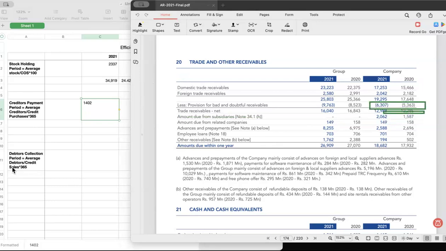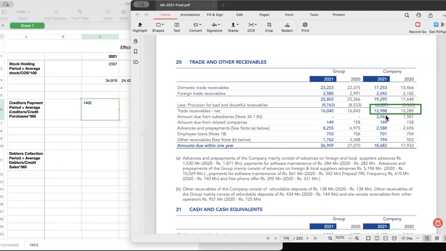So this is the net trade receivables. This is the amount that we have to take into consideration, okay? When you're analyzing the annual report, please be careful, you might make these errors. You might ignore the provision and take the amount here, which is not accurate. That is not right.